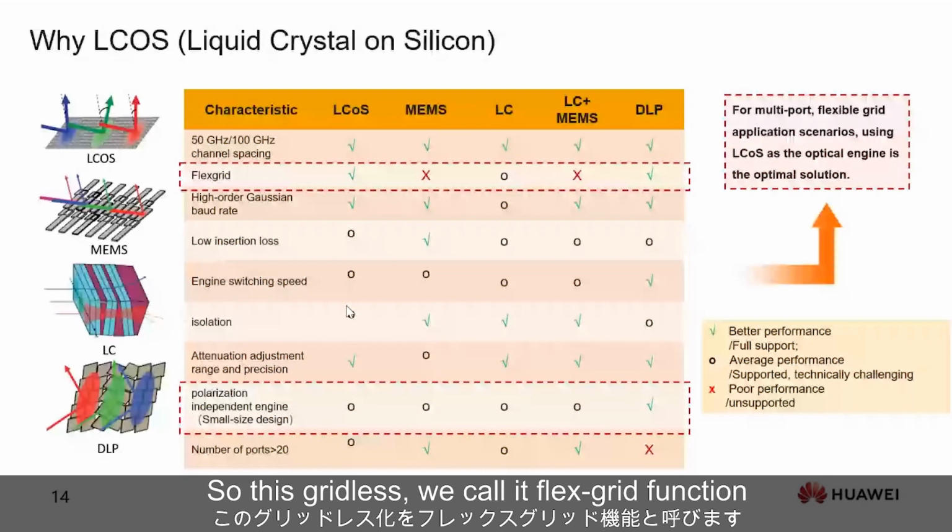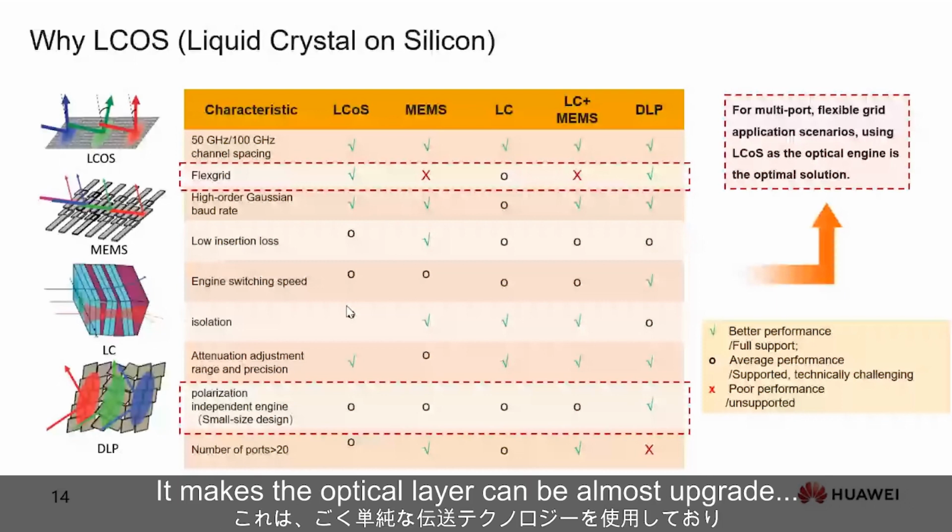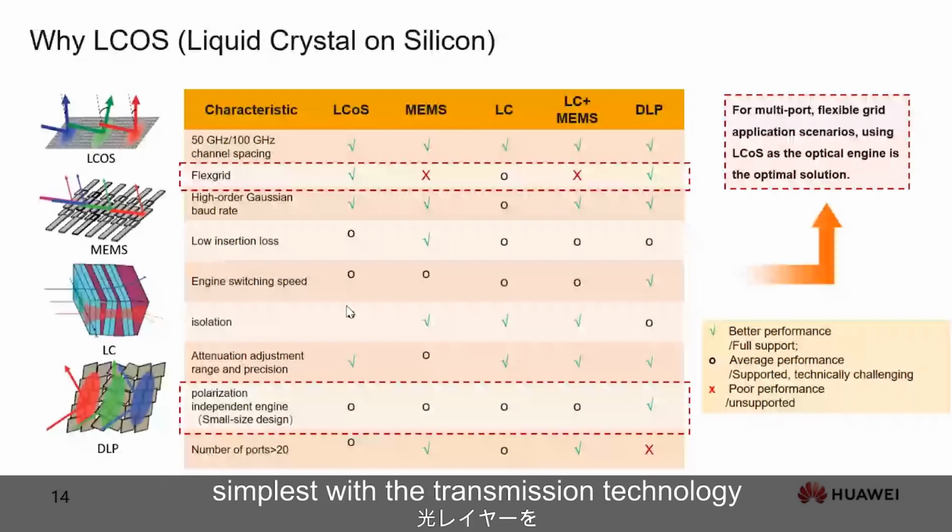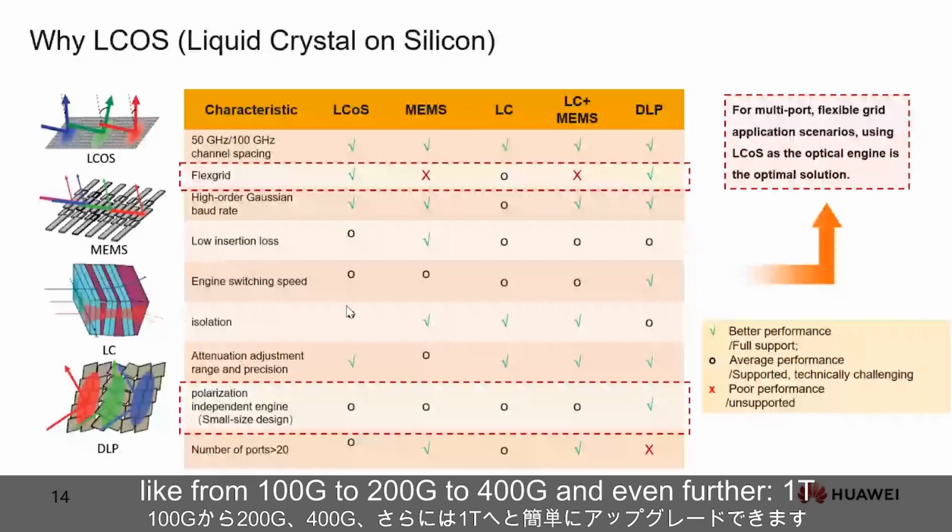This gridless, or flex grid, function makes the optical layer almost seamlessly upgradable with transmission technology, from 100G to 200G to 400G, even further to 1 terabit.